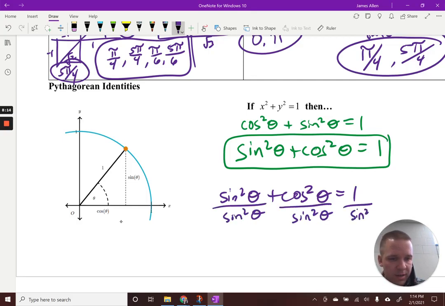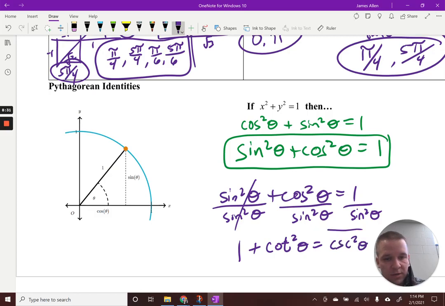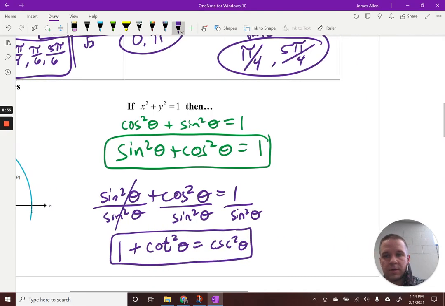Both sides get divided by the same thing. This becomes 1. And then cosine squared over sine squared, that would be our cotangent squared theta. And then 1 over sine squared, that would be cosecant squared theta. So this is another one of our Pythagorean identities.